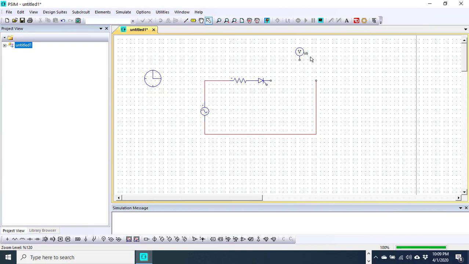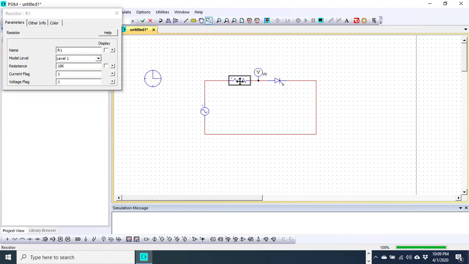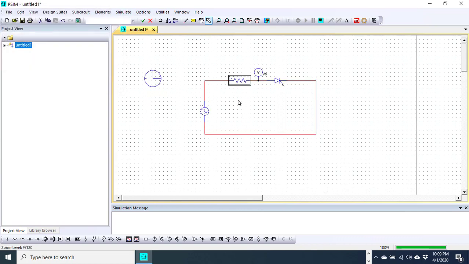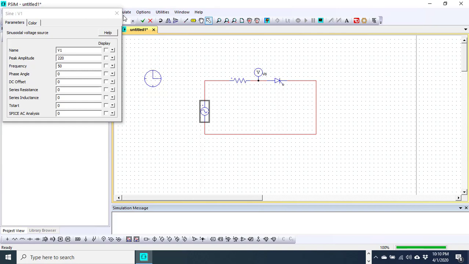Okay, and then I need to connect this. I have to connect this. I have to adjust, I just said already, 10K load, 220, 50 Hertz.